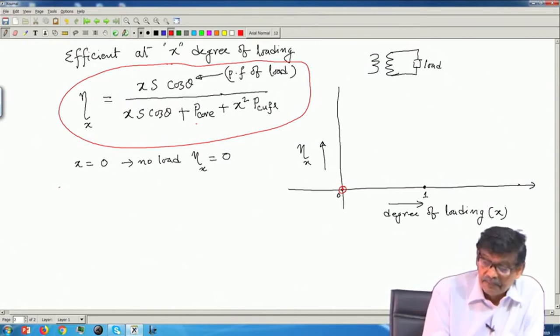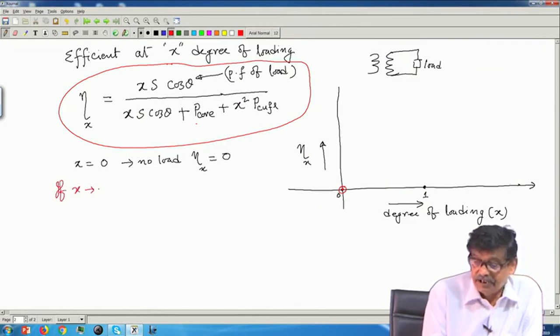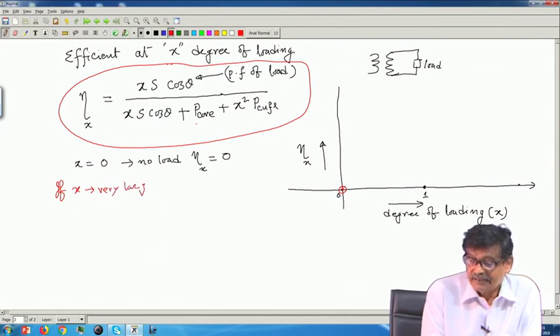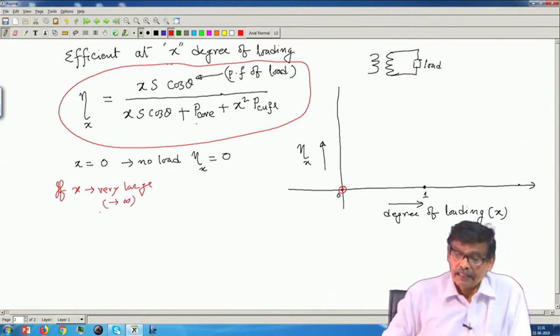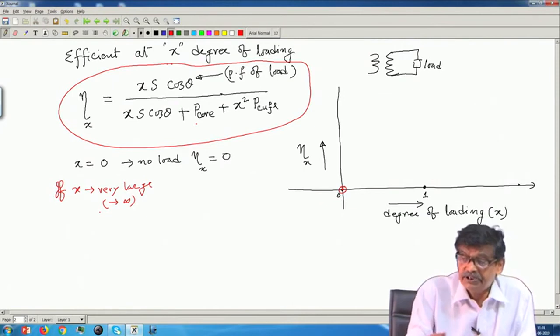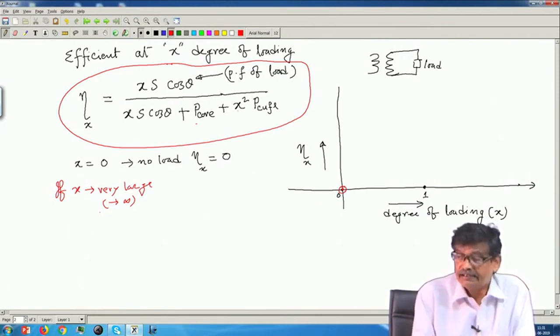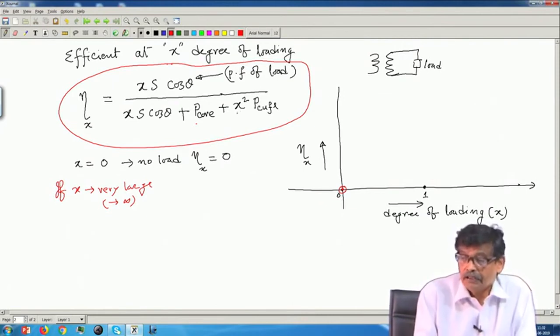If x tends to very large, on pen and paper let me call it going to infinity, then what will happen to this efficiency term? See, there is the x squared term below, so it will prevail over all the other x terms.